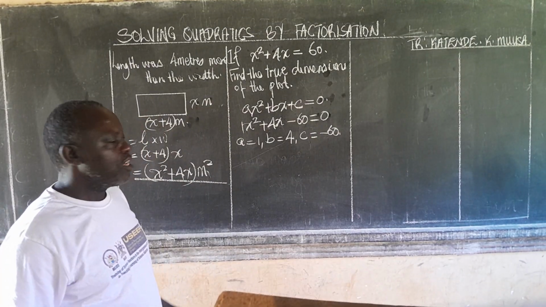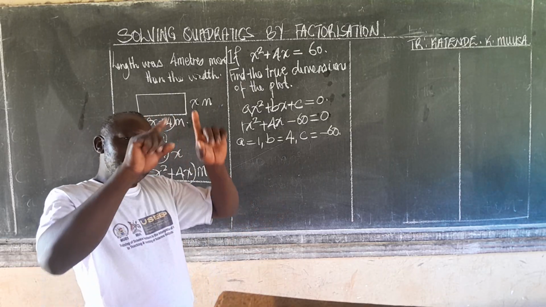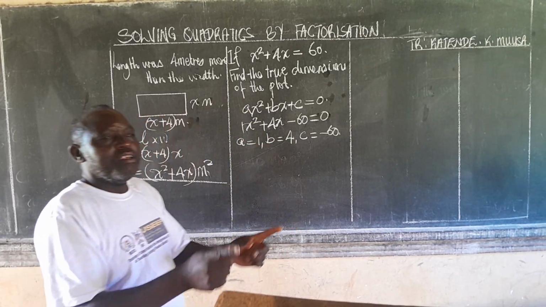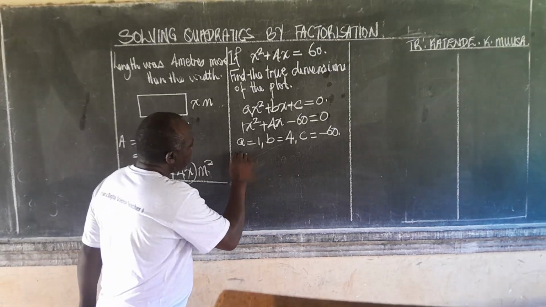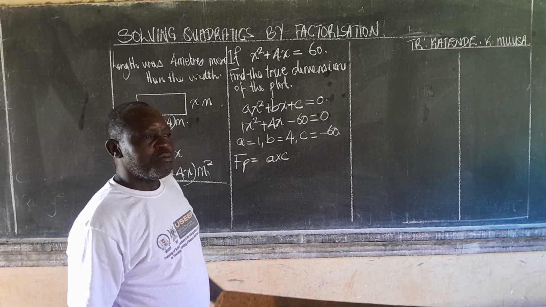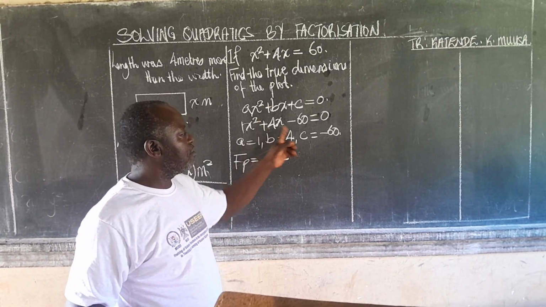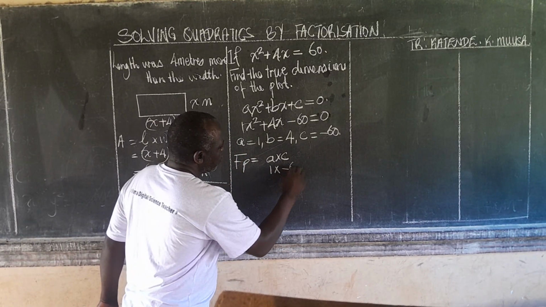Now when we are solving by the factor method, it means that there is an element of factors. We have to look for factors, and those factors have to comply with these rules. The factor product is a times c. As per this one, our a is 1 and our c is negative 60.